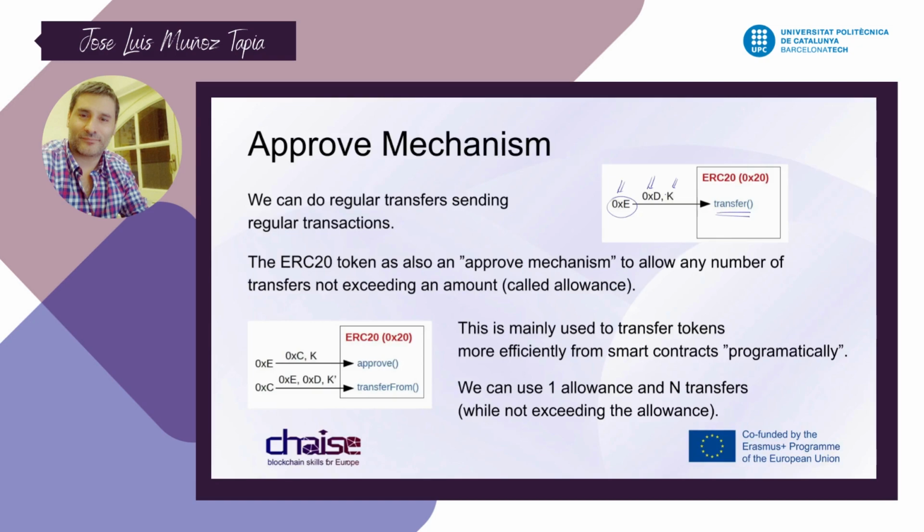How can we do this with the approve mechanism? Well, in this case, you are this account here. If you call approve, providing an address and an amount of tokens, essentially you are approving that 0xC can spend up to K tokens on your behalf.